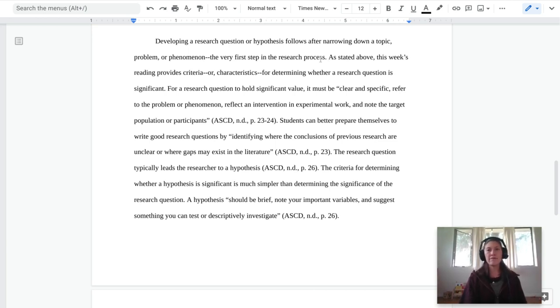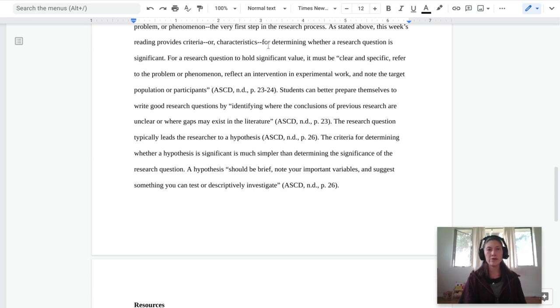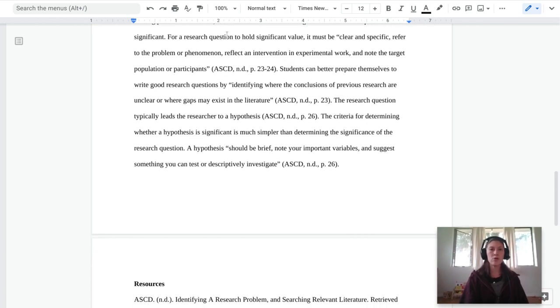As stated above, this week's reading provides criteria or characteristics for determining whether a research question is significant. For a research question to hold significant value, it must be clear and specific, refer to the problem or phenomenon, reflect an intervention in experimental work, and note the target population or participants.